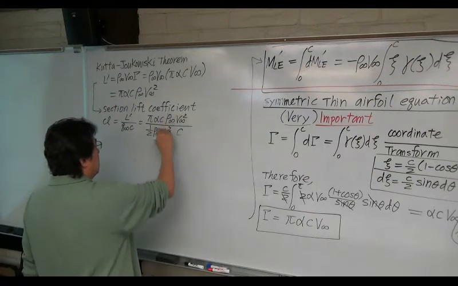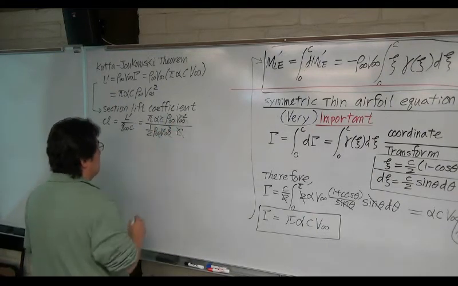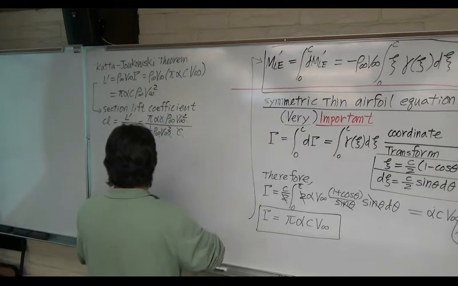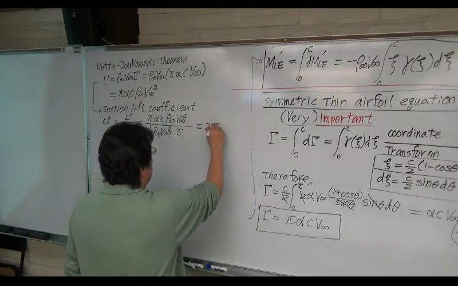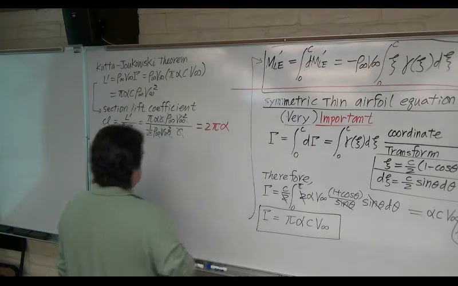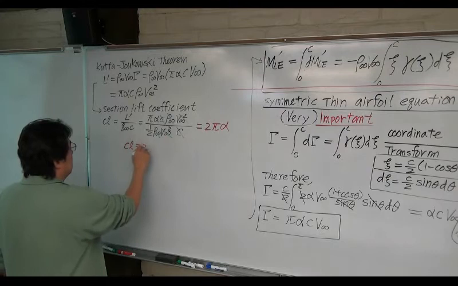Obviously, rho cancels, b infinity squared cancels, chord lengths cancel. What do you have here? 2 pi alpha. Oh, wait a minute. Have you ever seen this? CL equal to 2 pi alpha.